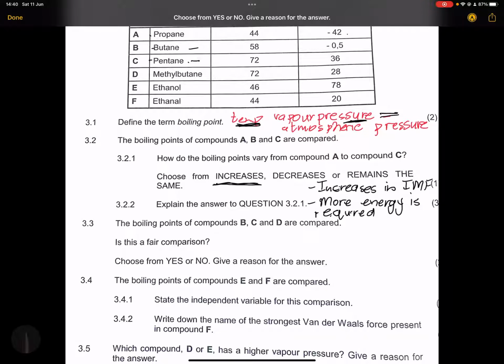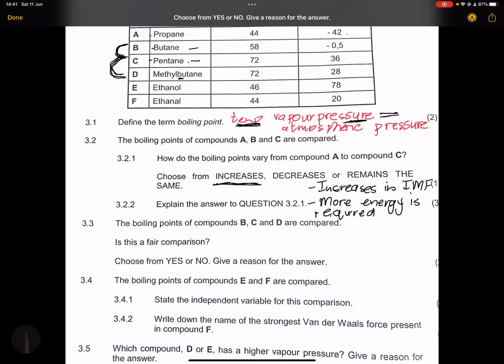But when you look at D, you've got now methyl butane. It has 5 carbons, but if you compare B, C, and D, you'll see that now there's more than one difference. First of all, it's chain length between B and C. And secondly, it's the shape of the molecule between C and D.